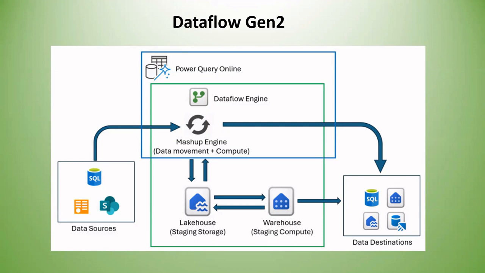It's redesigned with more powerful compute engines and data movement capabilities. Dataflow lets you easily transform and move data between different sources and destinations through a very user-friendly interface. Let's go back to the Fabric portal and launch the Dataflow Gen2 engine and start transforming our dataset in our Lakehouse.